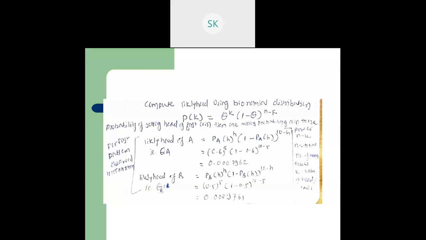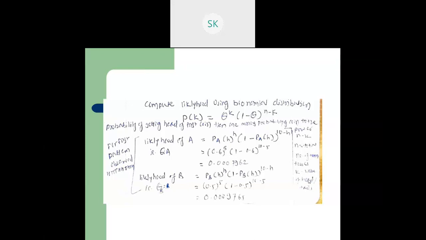Here theta to the k is the probability of getting heads for the first coin, and n is the total number of tosses. In our case the total number of tosses is 10, minus k.